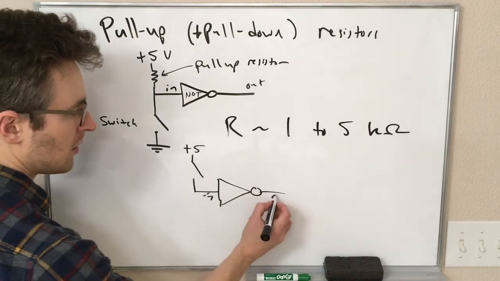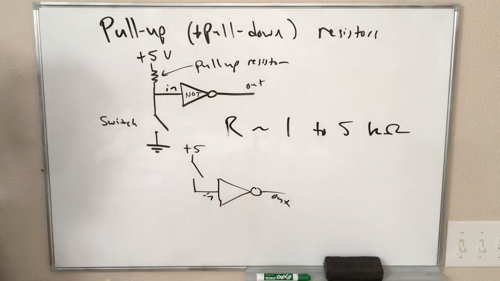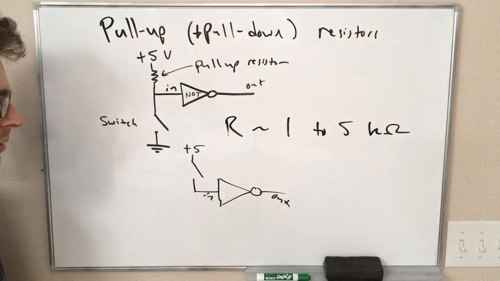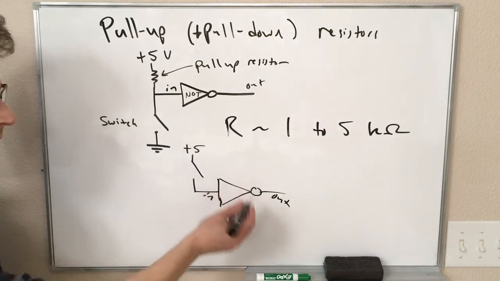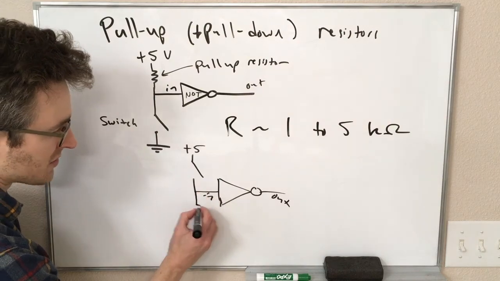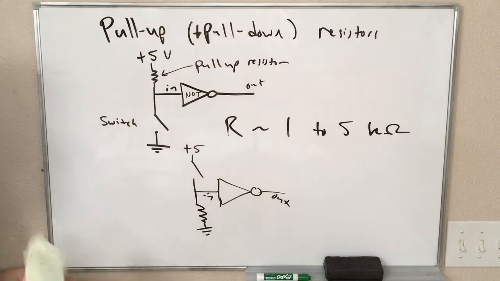And now if the switch is closed, this is plus 5 volts. If the switch is open, like what's happening here, nothing is happening. Nothing is connected to this, right? That's definitely ambiguous in how the logic gate would respond to that. So a pull-down resistor would be connected between there and ground.